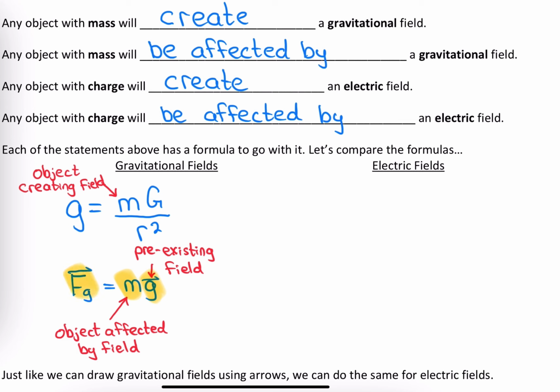So the force of gravity could actually be up, even though the gravitational field is down, if I had an object with negative mass. However, there's no such thing as negative mass, but there is such a thing as negative charge. So let's look at the counterpart formulas for electric fields.